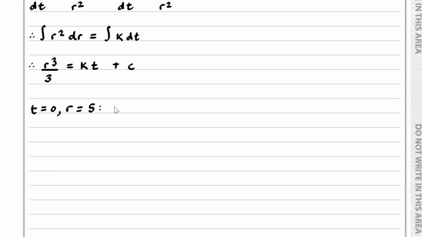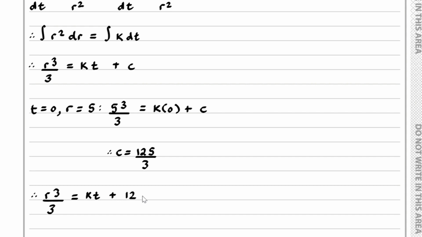So we have 5 cubed over 3 equals k times 0 plus c. And so therefore, c is equal to 125 over 3.